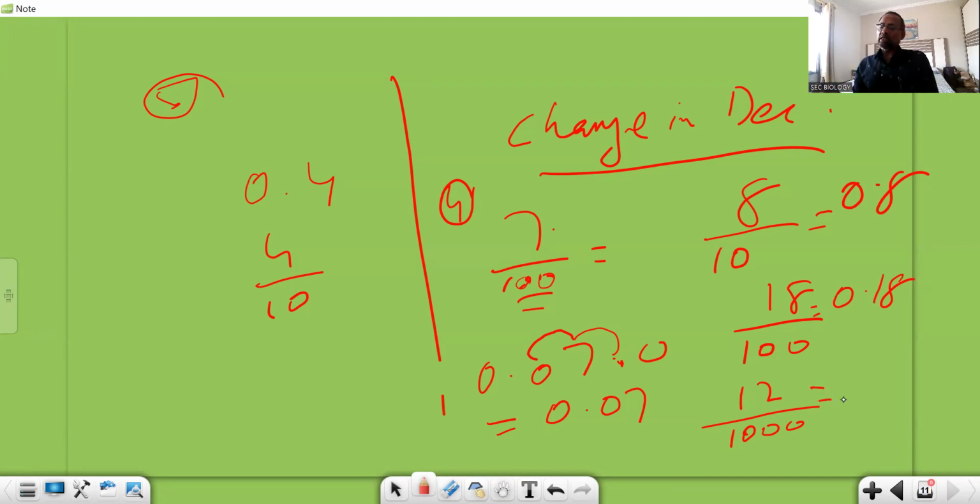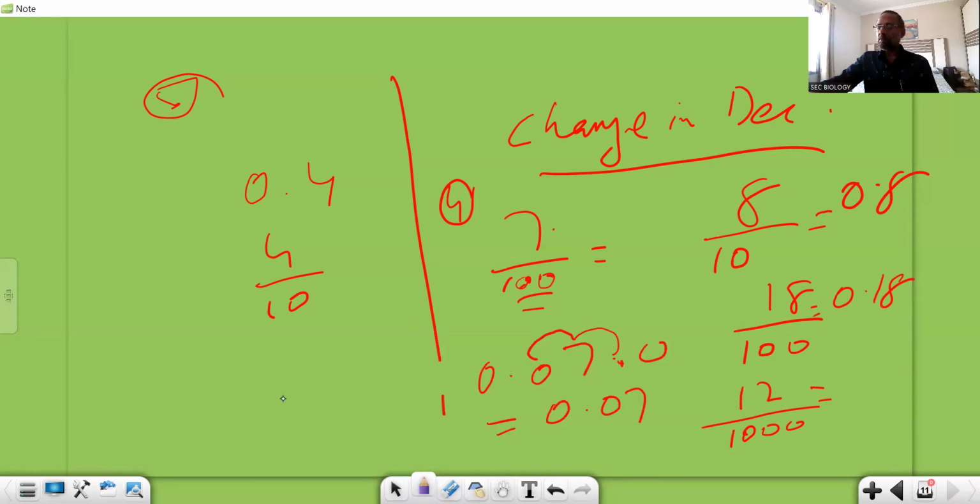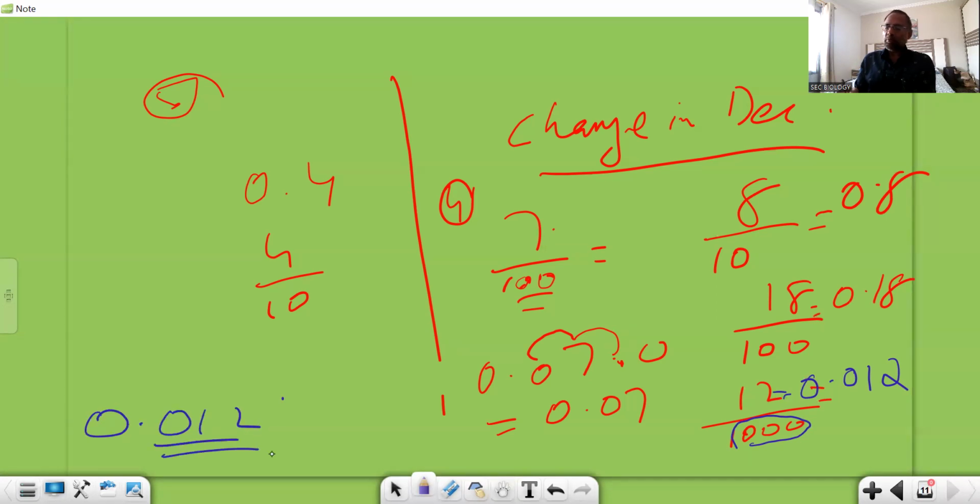What is the answer of that? 12 by 1000: you write 12, then we need 3 places, so put one more zero: 0.012. That means 3 decimal places, 3 zeros. All of you please understand fraction to decimal.